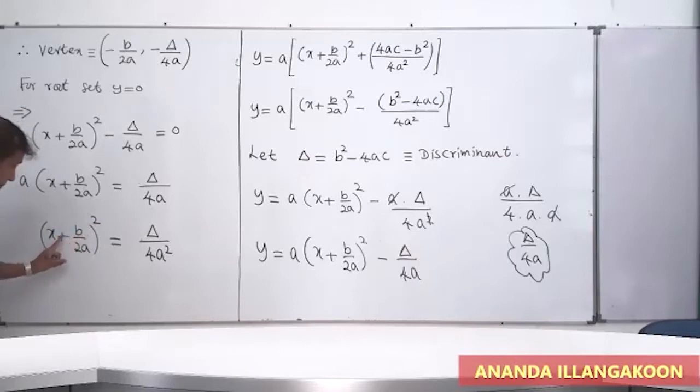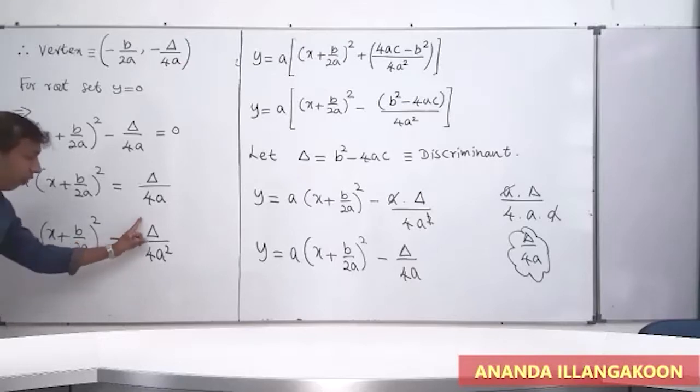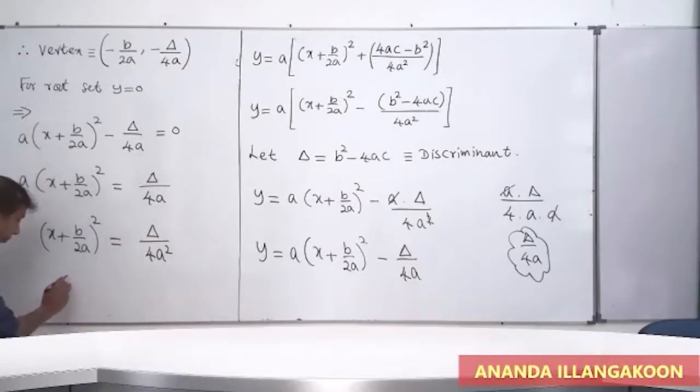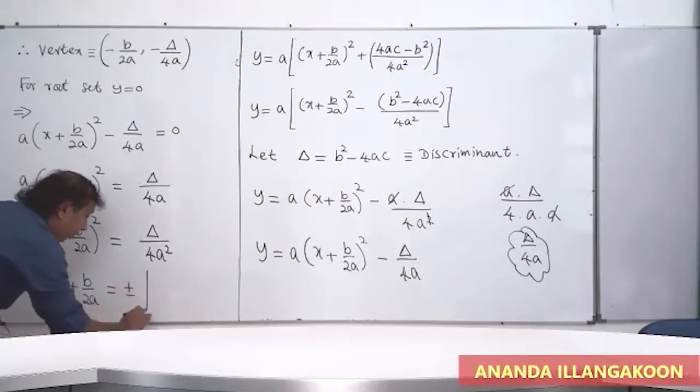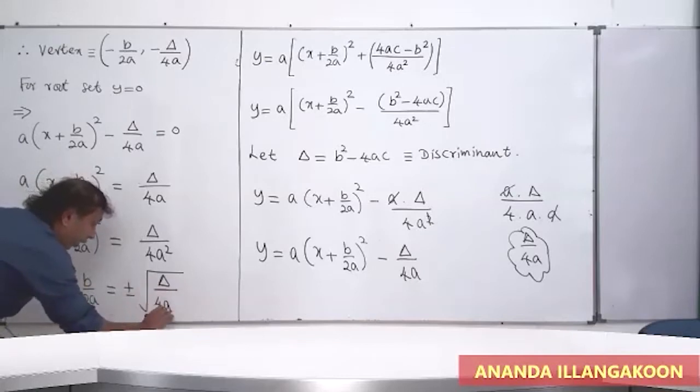Then what do you get? X plus b upon 2a equals plus or minus square root of this whole thing on the right hand side. Okay, and then I write that we are here x plus b upon 2a on the left hand side. Since this square will be eliminated, I can write it without bracket like this. Equals now plus or minus the square root of the right hand side, whole fraction delta upon 4a squared.